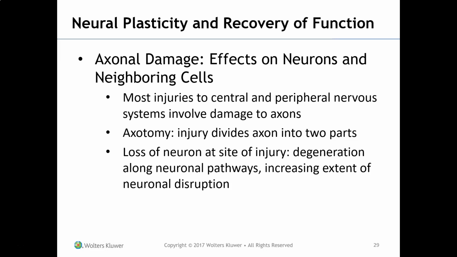So it depends on, was there injuries to the central nervous system or was there damage to the peripheral nervous system? Damage to the central nervous system, recovery is slim to none. But damage to the peripheral nervous system, a lot of times nerves can regenerate at 1 millimeter a day. That's what they've kind of documented, about 1 millimeter a day.